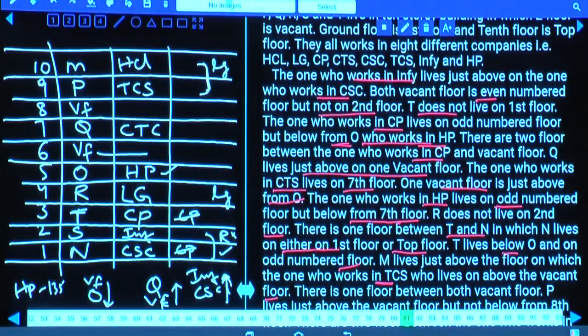And this is about question numbers 81 to 85. Yes, write down this arrangement, 81 to 85. Then 86 to 90.